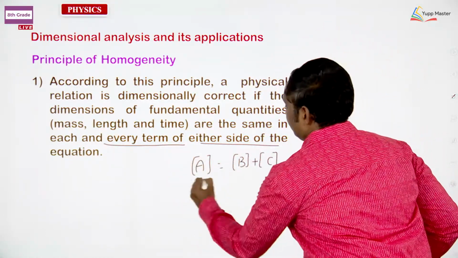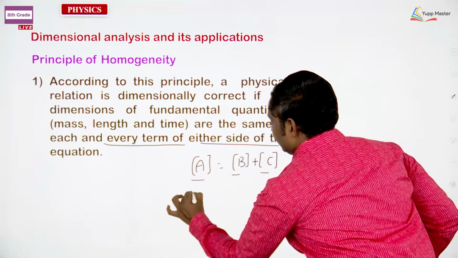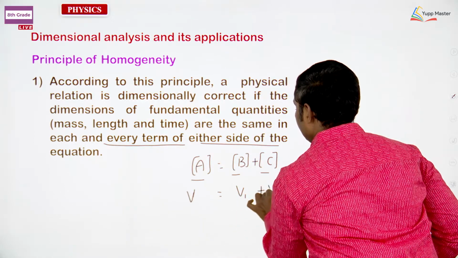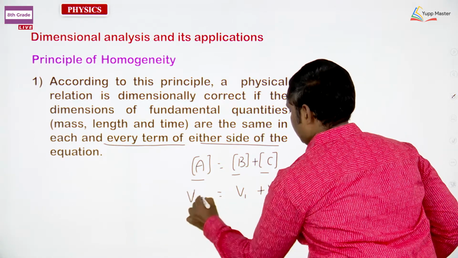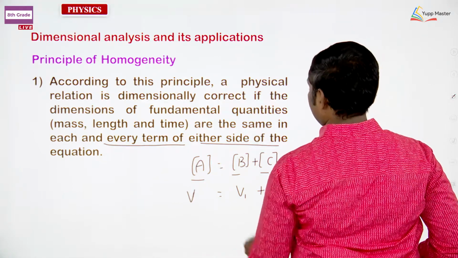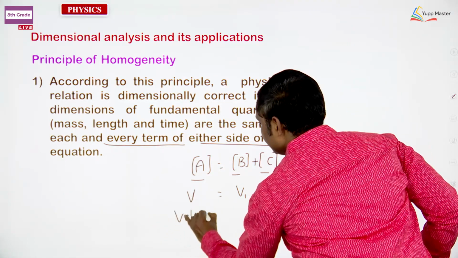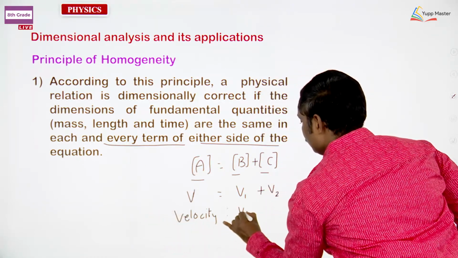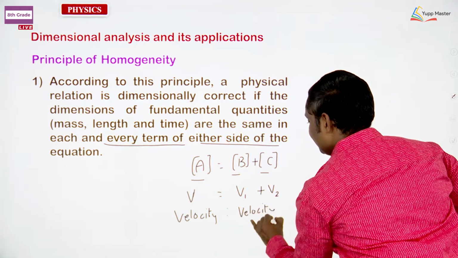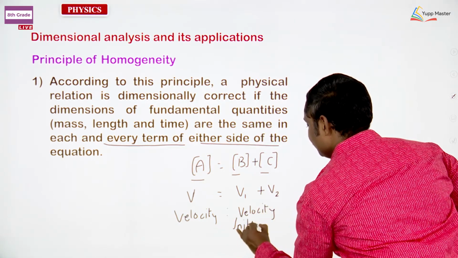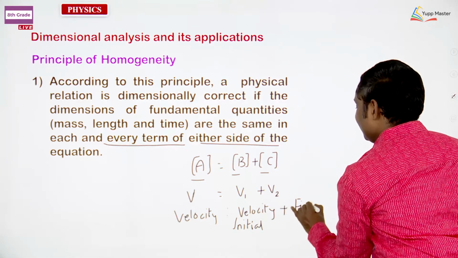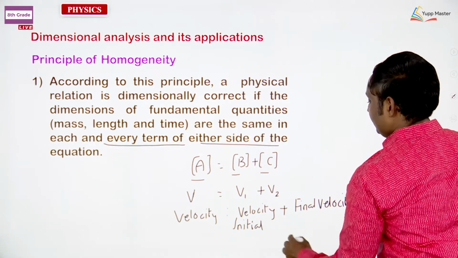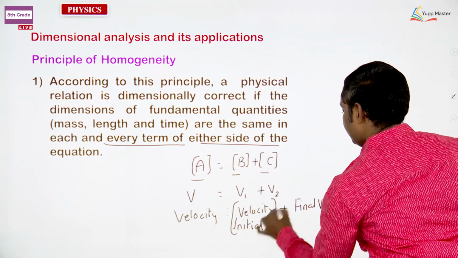You can confirm this is A and this is A. Suppose this is V1, this is V2, let us assume. It is a velocity, this is also velocity, initial velocity plus final velocity. Yes, this is the case.